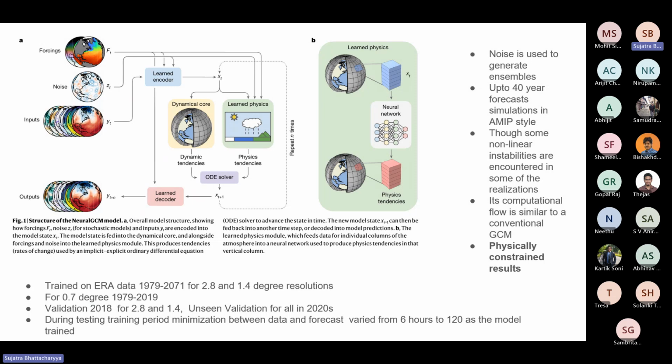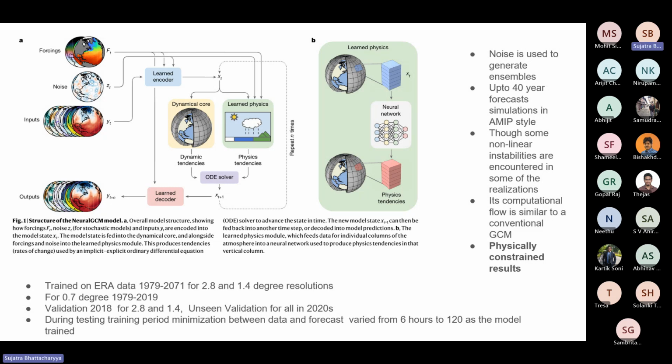So they trained it on ERA data, and for models as coarse as 2.8, 1.4, and 0.7 degrees. And these are other details of it. And they have done an image-style simulation. Yeah.